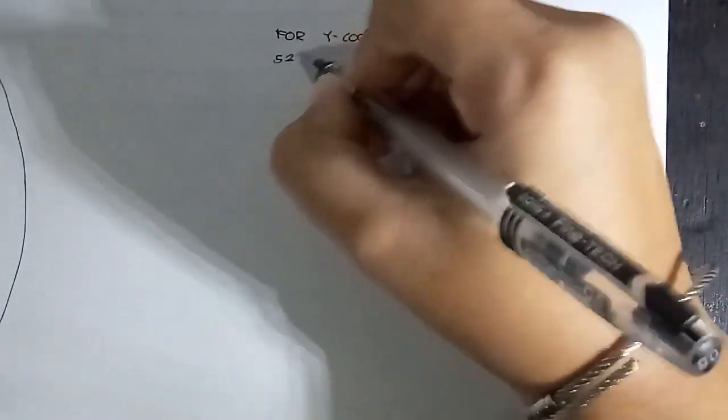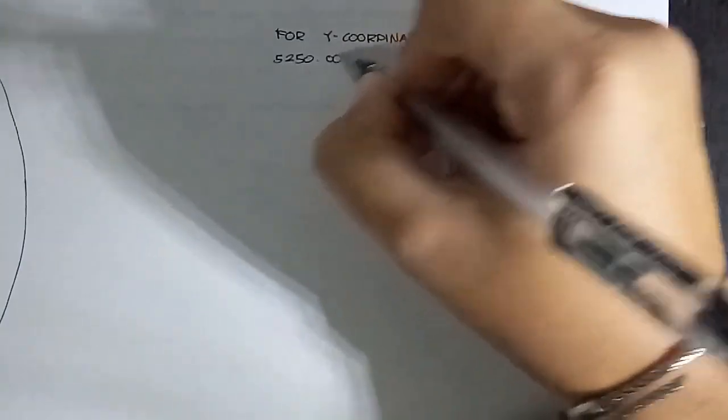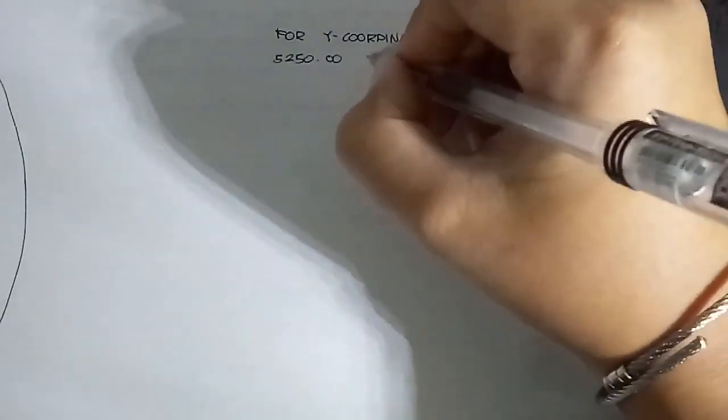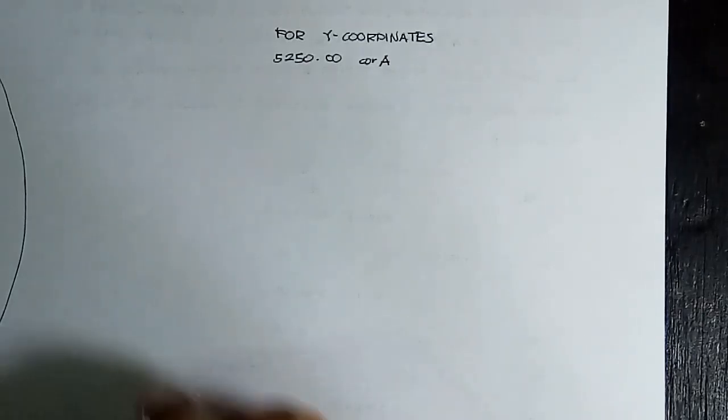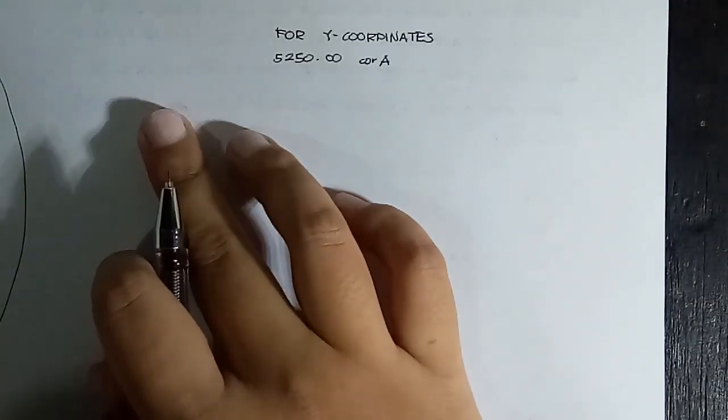Now, i-compute naman natin yung values for y coordinates. So, ang naunang given is yung 5,250 meters. So, siya yung nasa station A. So, makikita natin na yung una nating value is to south.